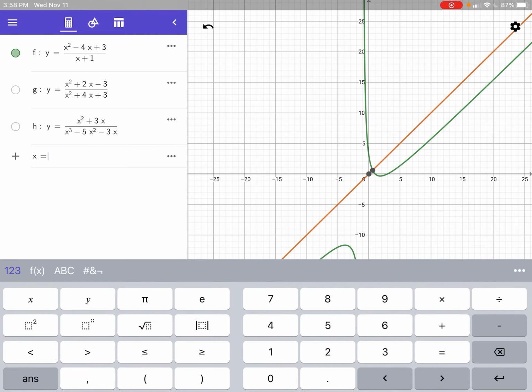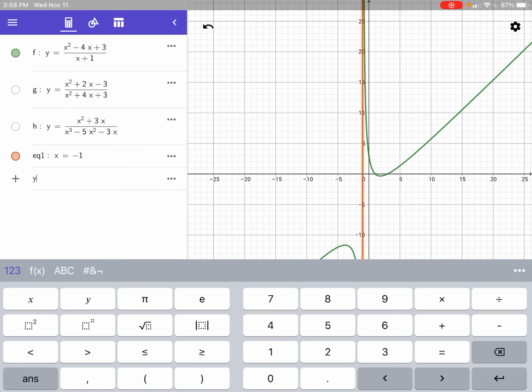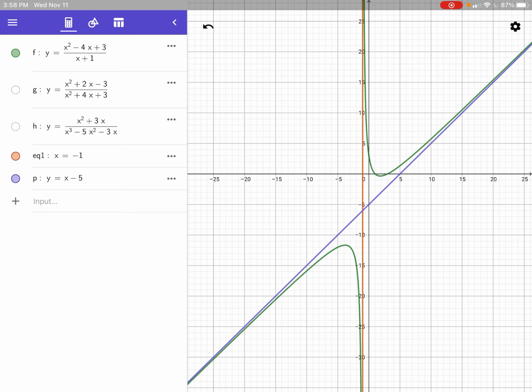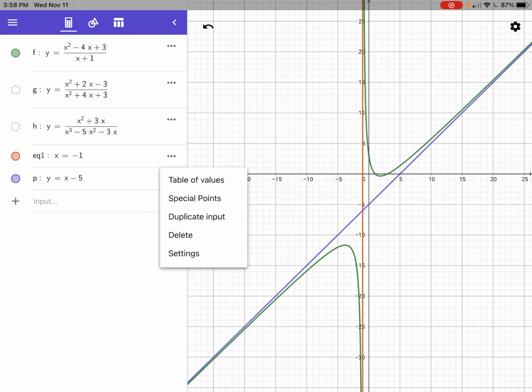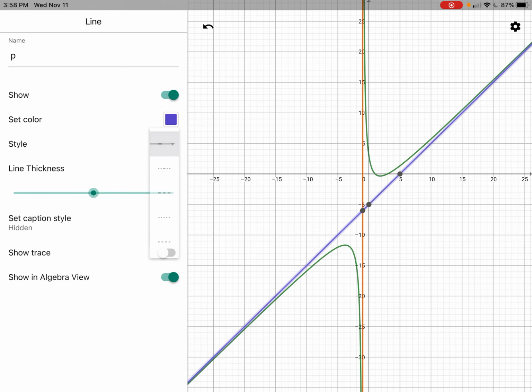X equals -1. Okay, enter. And then, what was that other one? Y equals x minus 5. Enter. Now remember, they're not part of the graph. I put them in there so we could kind of see, and actually I think we could make it dashed, but yeah, there we go.